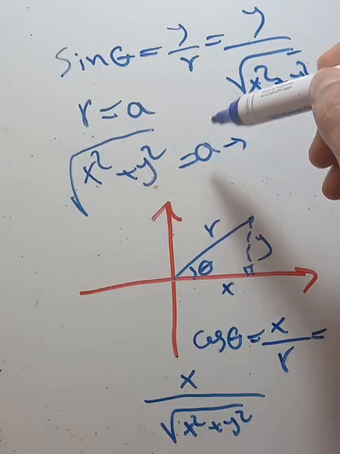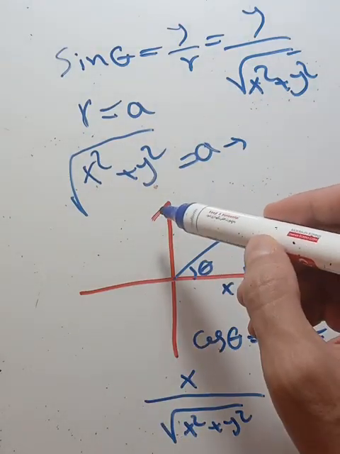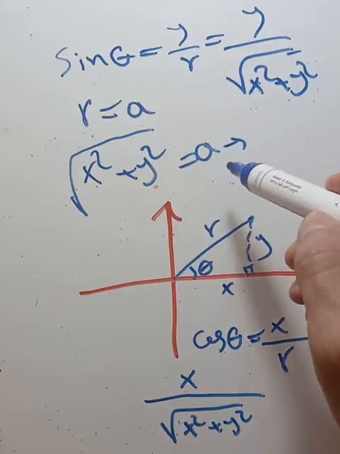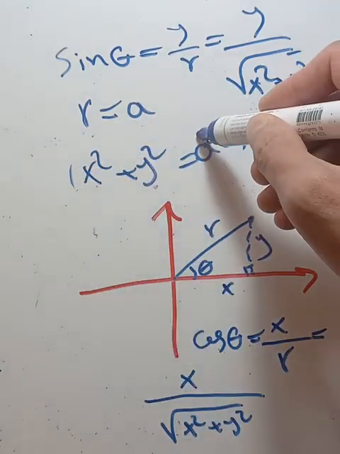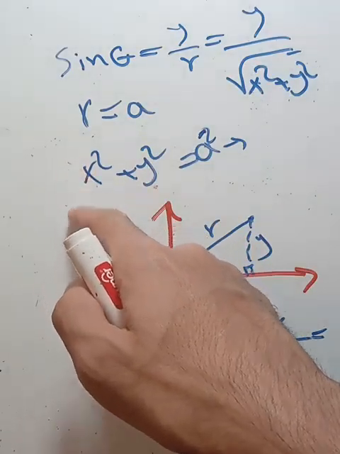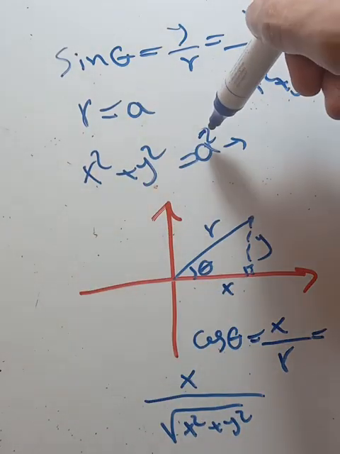So from here let's square both sides. This would be equal to a squared, the equation of a circle.